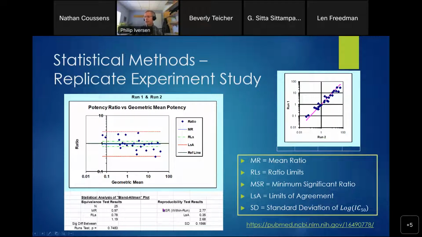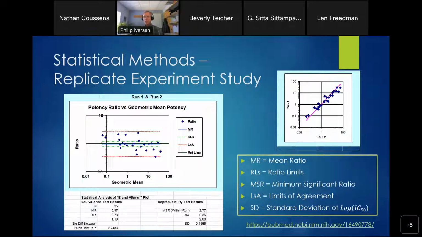And then we also calculate an MSR from these data. MSR stands for minimum significant ratio. That is the smallest ratio between potencies of 2 different compounds that we can say is statistically significant at the 0.05 level. That's how we define that.